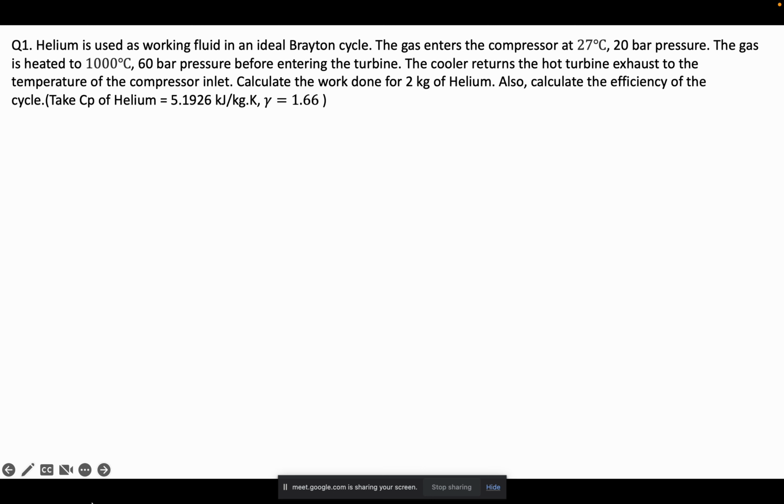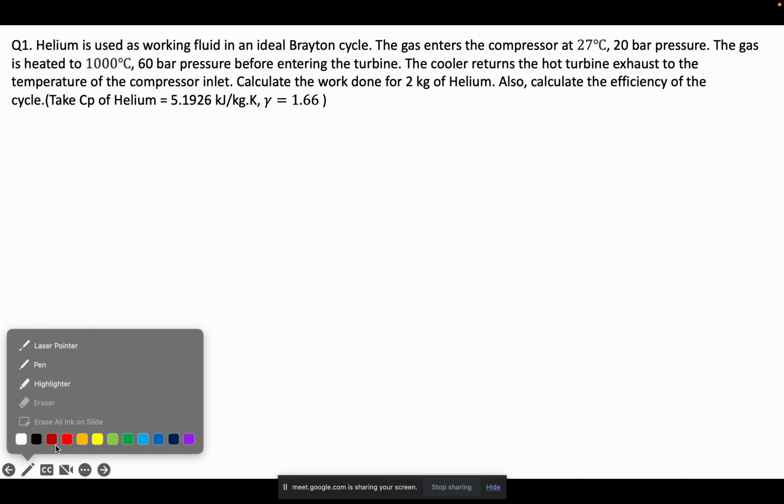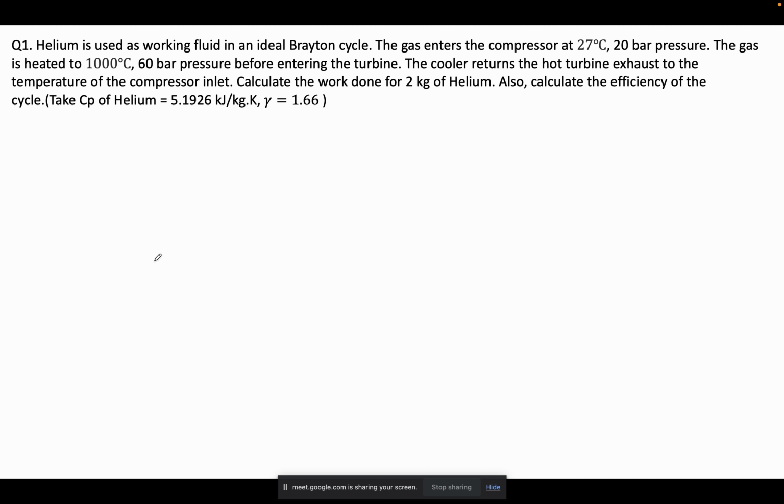Okay, so before going to solve this question, first of all, let us see how the schematic diagram of a Brayton cycle looks. Just like the Rankine cycle, the Brayton cycle also has a combustion chamber. This combustion chamber was called boiler in your Rankine cycle, and here it is called combustion chamber.